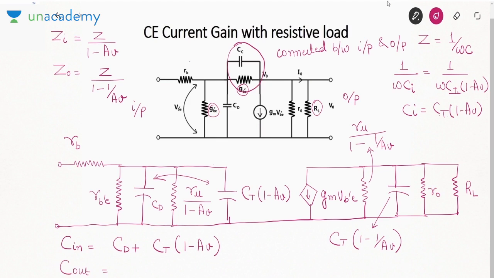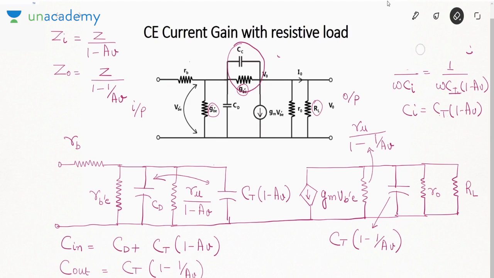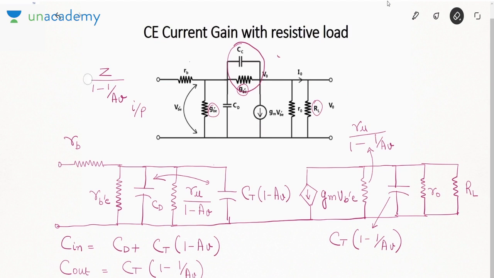The output capacitance is simply Ct into 1 minus 1 by AV. Now you have to find the resistance across each capacitance in order to find the cutoff frequency. Okay. Are you getting my point?